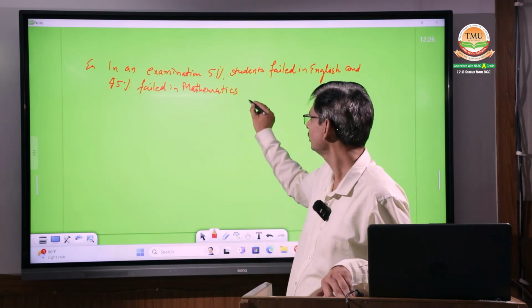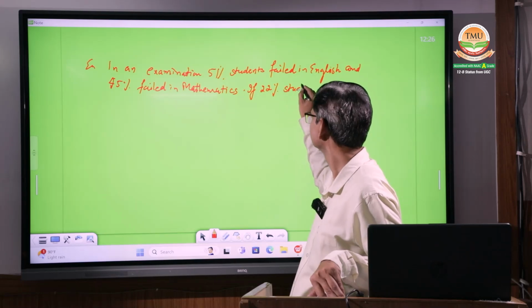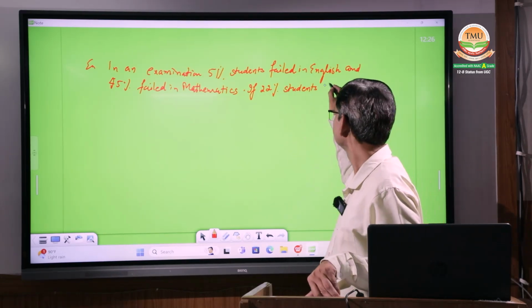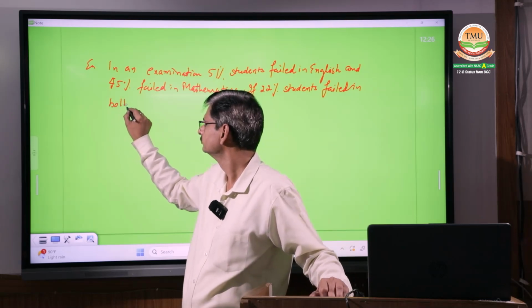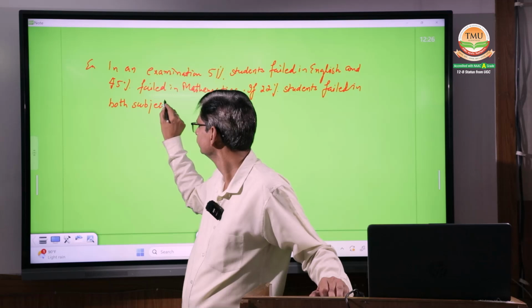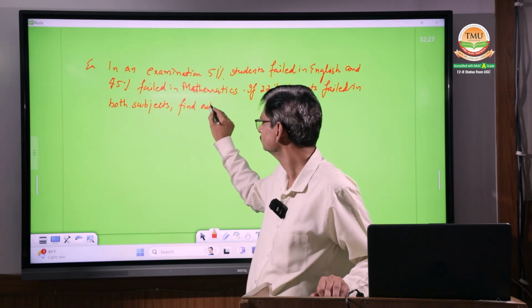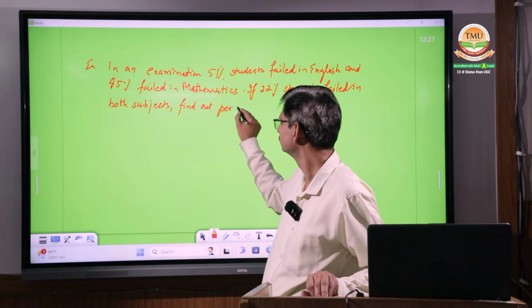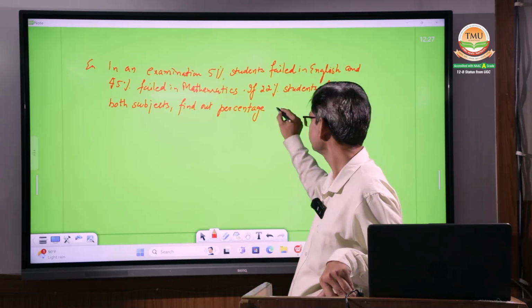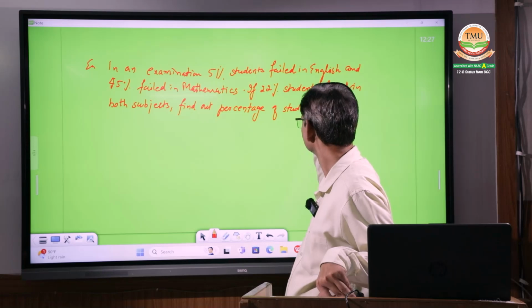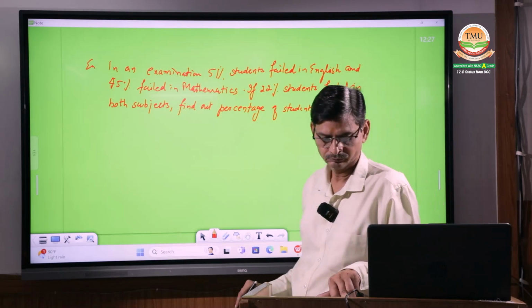If 22% students failed in both subjects, find out percentage of student passed in both subjects.